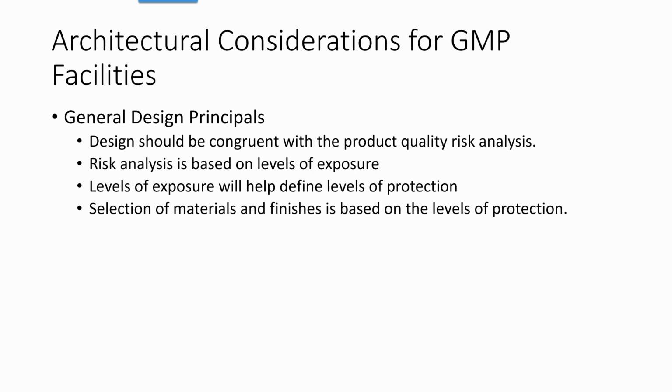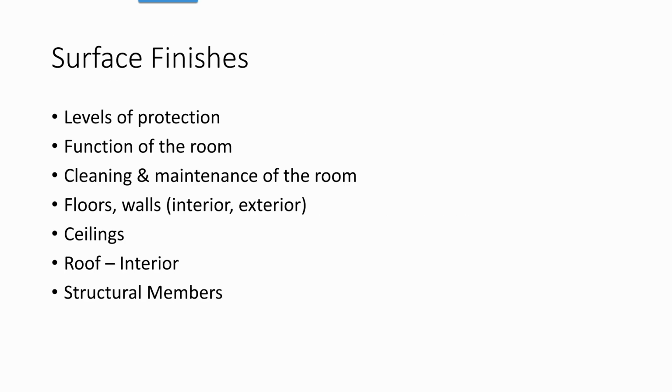If your product is exposed out into the atmosphere, obviously that's going to require a higher level of protection, right? Same thing with selection of materials and finishes. Those are typically what the architectural person does. And these things we're talking about are the ceilings, the floors, the floor coverings, the wall coverings, the seams, the type of fasteners that are used, the type of doors that are used.